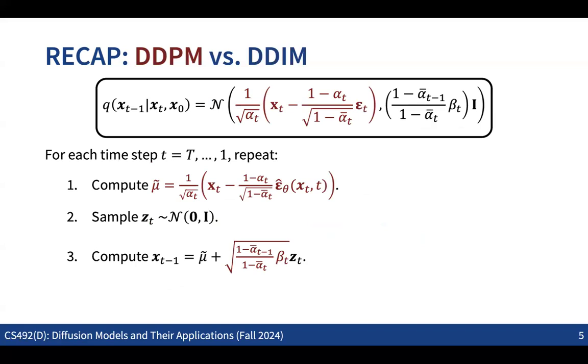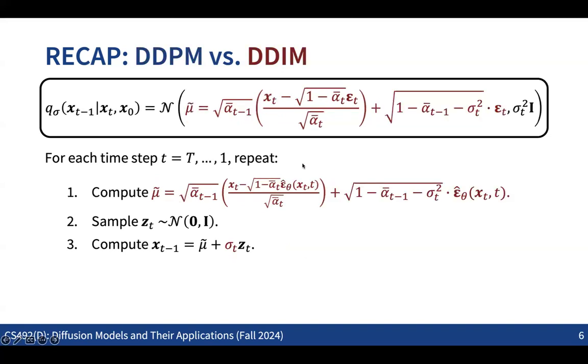So I recommend you to also try to derive those things yourself and see how exactly these formulations are derived. In the DDPM, we could directly compute the mean using the x_t and the epsilon here. We can do the same thing in the DDIM as well. The only thing is that now the mean computation becomes slightly more complicated, but still involves the x_t and the noise prediction.